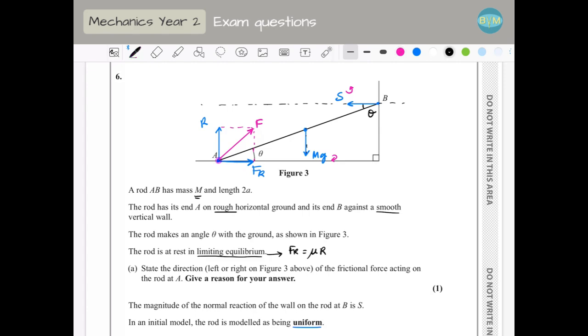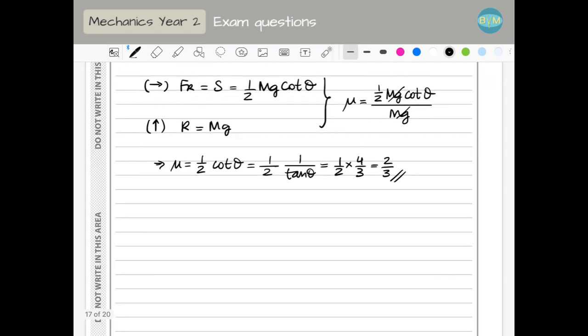I know the values of friction, so I know the other two. I know R pointing up is mg, and friction pointing to the right is 1/2 mg cot theta, so it's 2/3 mg.